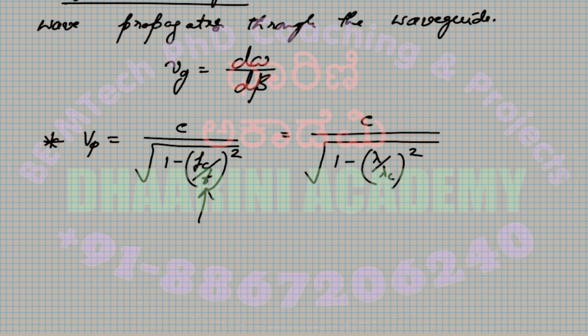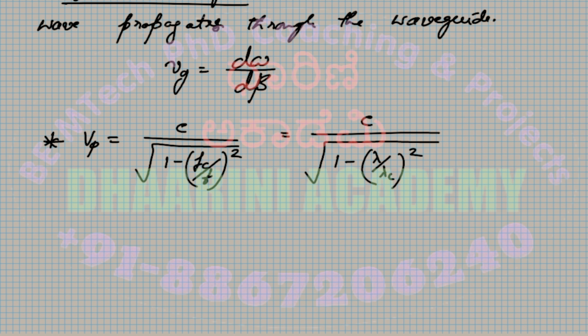And F is the current frequency. In the sense, the cutoff frequency is 2 gigahertz, but right now I'm sending a wave which is 3 gigahertz. So you see Fc by F becomes 2 by 3. Similarly, lambda is the current lambda value and lambda C is the cutoff value of lambda. So I can use these equations whenever required.